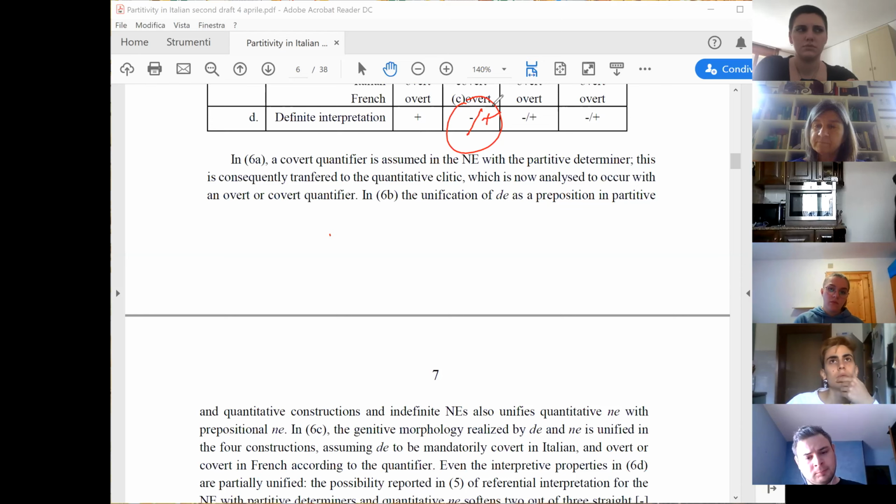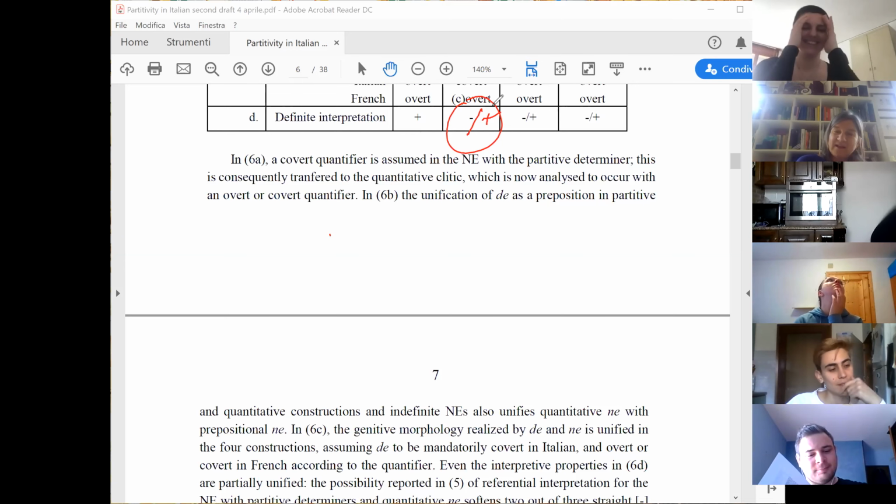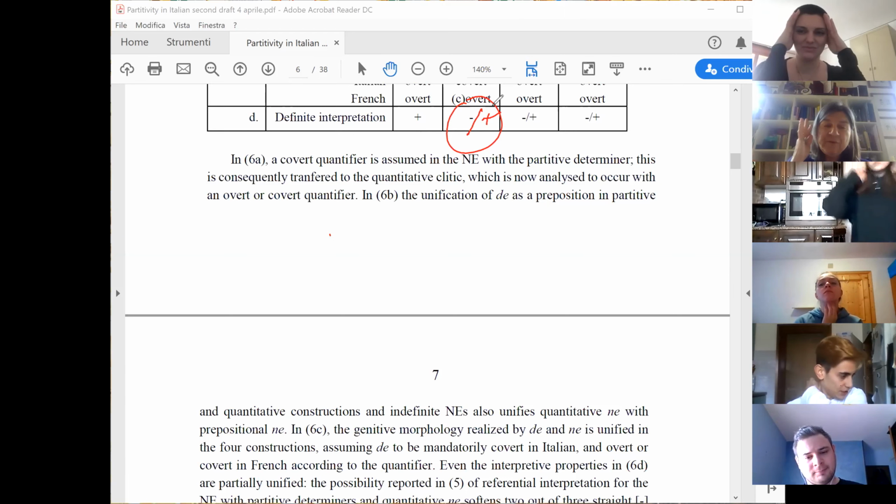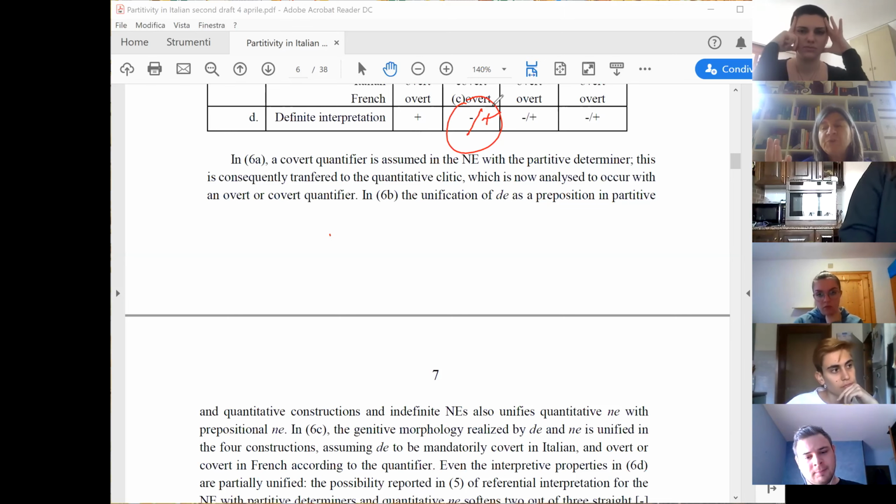Okay? Fortunately, I'm not discussing German in this paper, so I don't have to write a paragraph on this. But if we put other languages in, then we may even have one more reason to unify things.